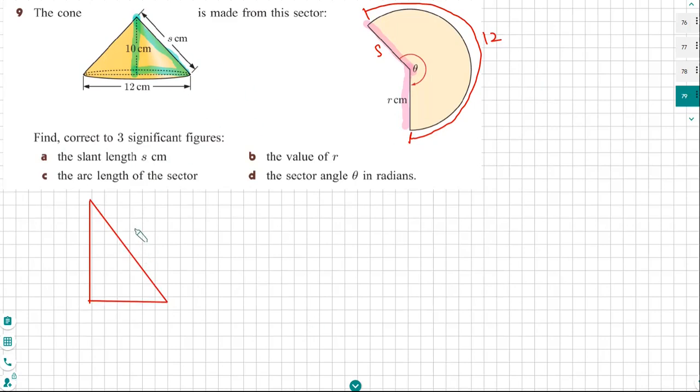Which length is this? This is the S length. This is 10, right? What about this? This is actually the diameter of this cone. And this length must be half of the diameter. So it must be 6, right? So we can find S because 2 lengths of the right angle triangle are given. Third is unknown. So we can use the Pythagoras theorem. So using Pythagoras theorem.